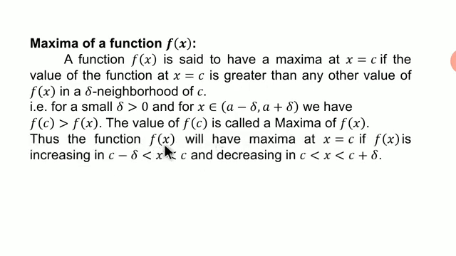Thus, the function f of x will have maxima at x is equal to c if f of x is increasing in c minus delta less than x less than c and decreasing in c less than x less than c plus delta.